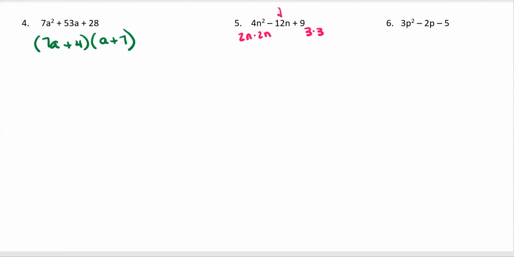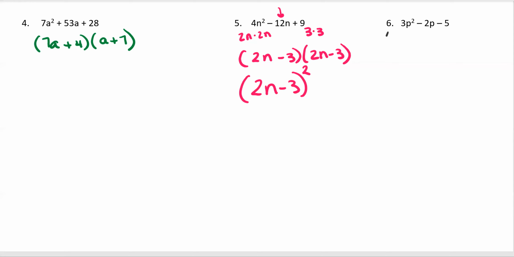The middle term is 2 times 2n times 3. So we know that it is going to be 2n minus 3 times 2n minus 3. I would just write it out that way first so you can multiply it back together to make sure you get the original. And then you can always write it as such.